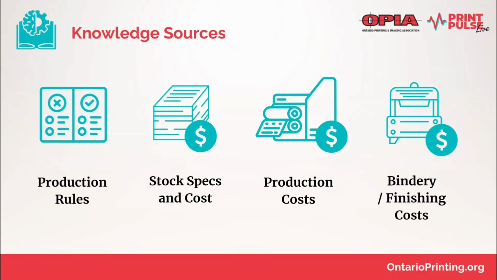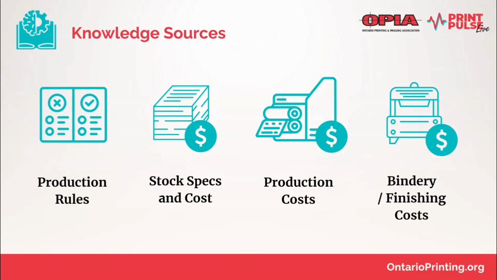In this case, I divided the knowledge resources, that is the structured data I wanted to provide my agent with, into 4 core simple tables: a production method rules table that defines how it should think about specific steps, a stock and paper options and cost table, our press line costs, so it knows how much click charges or impression costs would be, and then a bindery finishing costs table.